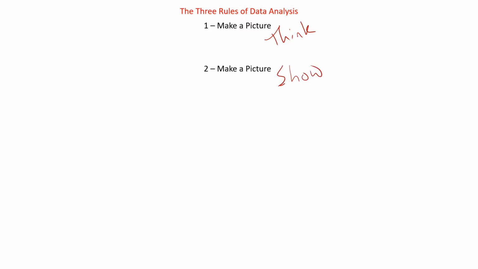And the third rule of data analysis, can you guess what this one's going to be? If you said make a picture, yes, making a picture will help you tell others about your data. Graphs and pictures are way more communicative.